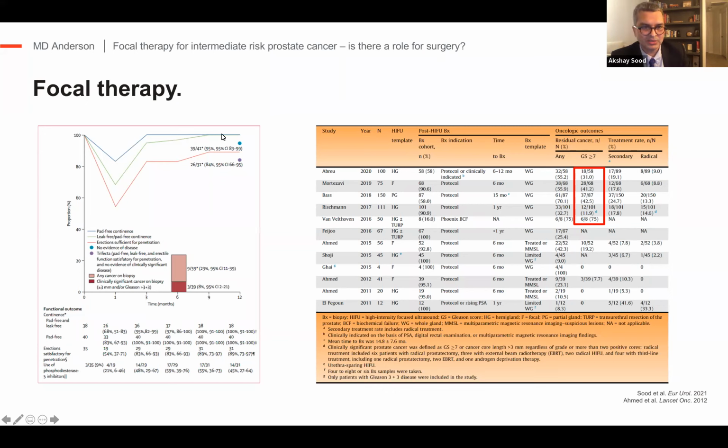Within 12 months, almost all patients were continent of urine. 95% of patients were continent of urine, and 84% of patients had erections sufficient for intercourse, which is a substantial difference from radical therapy. At the 1 year mark, most radical therapies only report a 30 to 40% rate of erectile function recovery. So huge benefit of focal therapy here.